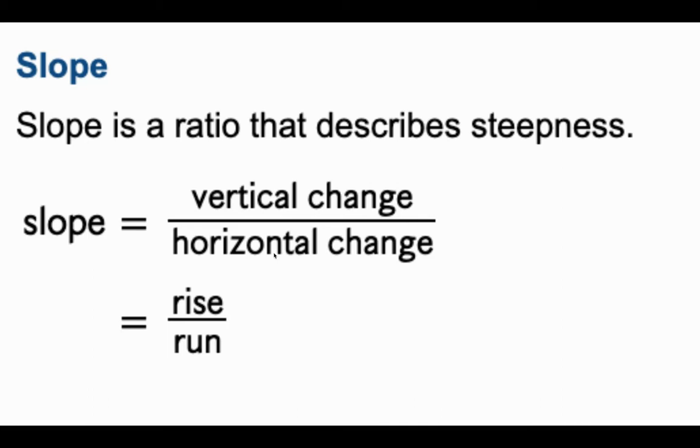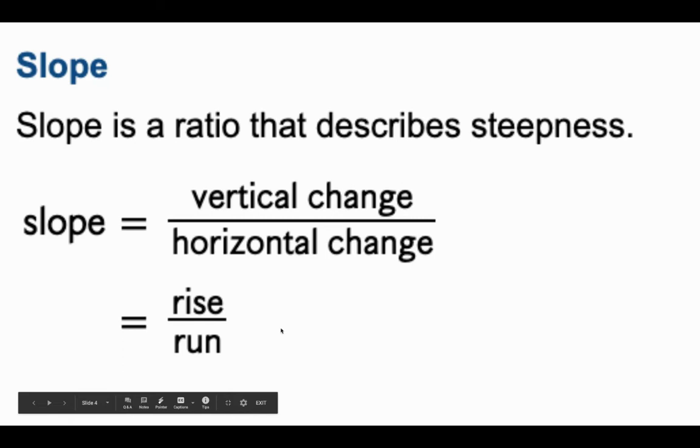All right, so it's going to make more sense when we see an example. Another way of saying vertical change is rise, because you think about when a sun rises, it goes from down to up, right? So vertical change meaning up and down, the rise of the line. And when you run left to right or horizontally, side to side. So we're going to think about slope as another way of saying it's the rise, the vertical change, over the horizontal change, the run.